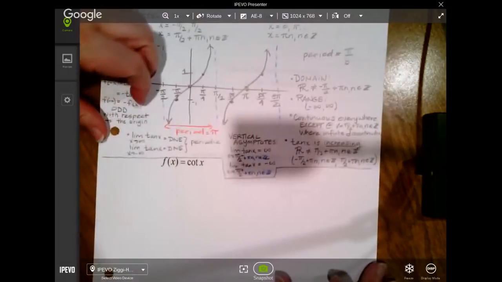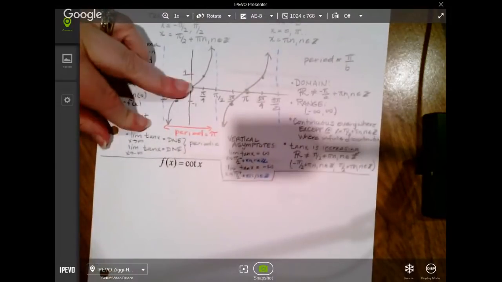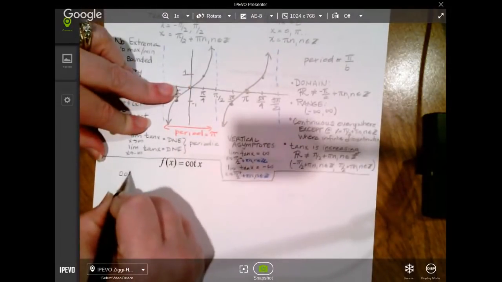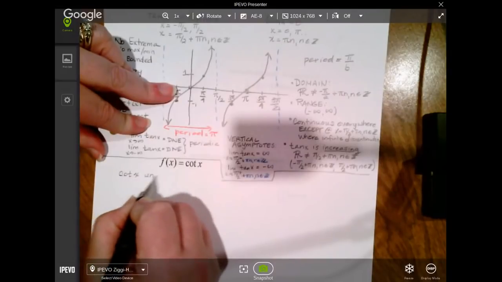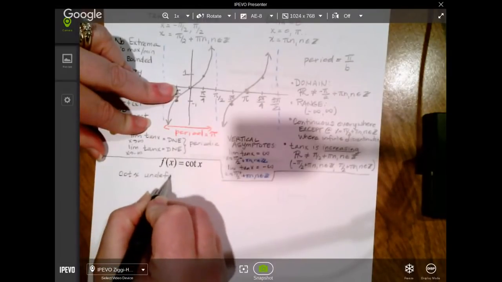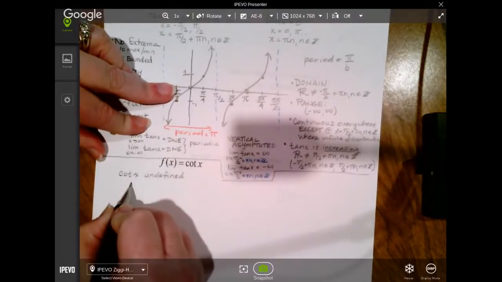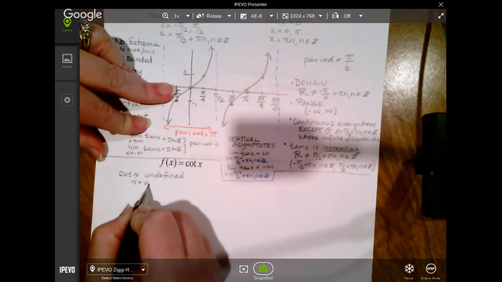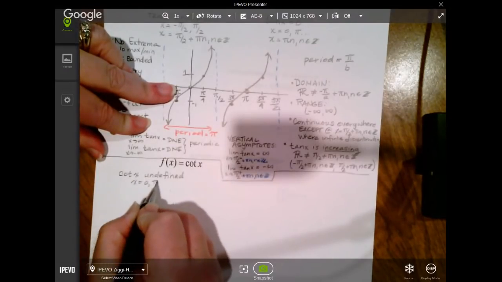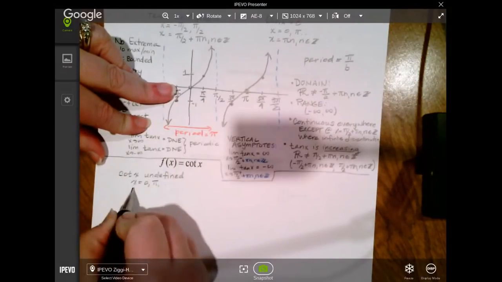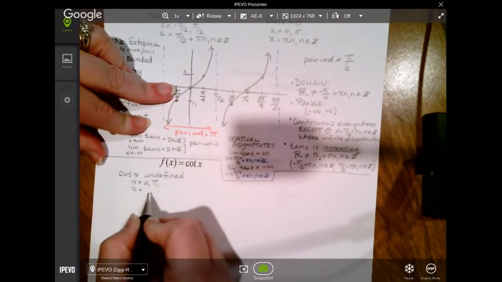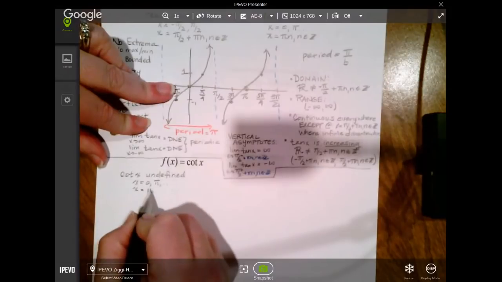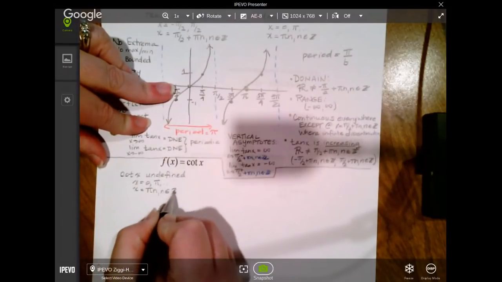All right, so the cotangent function, when you were doing your discovery, I hope you realized that the cotangent of x is undefined at two different locations. That's going to be when x is equal to 0 and pi, and so on. And generically, that would be x equals pi n, n an element of the integer set.